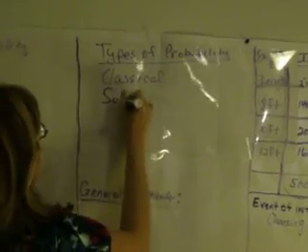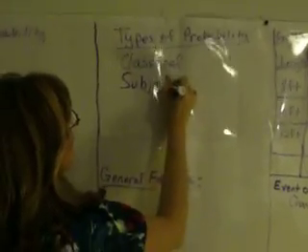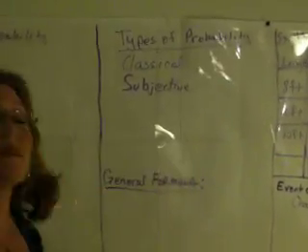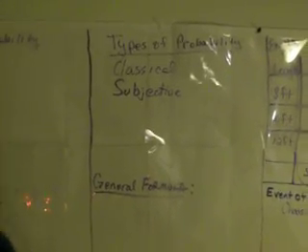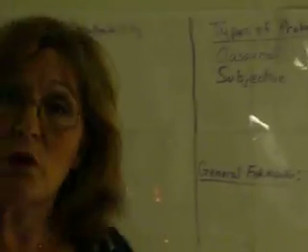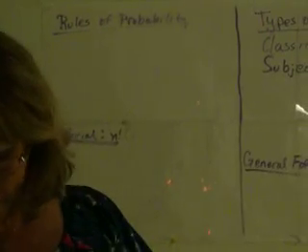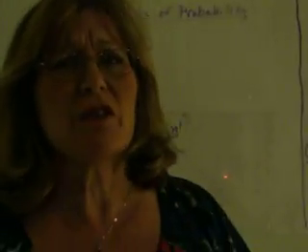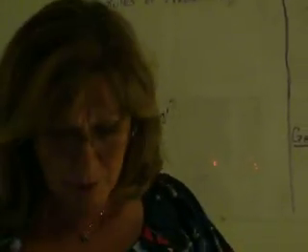Another type is subjective. And with subjective probability, it's nothing more than how somebody feels about something. It's a real soft measure of probability.